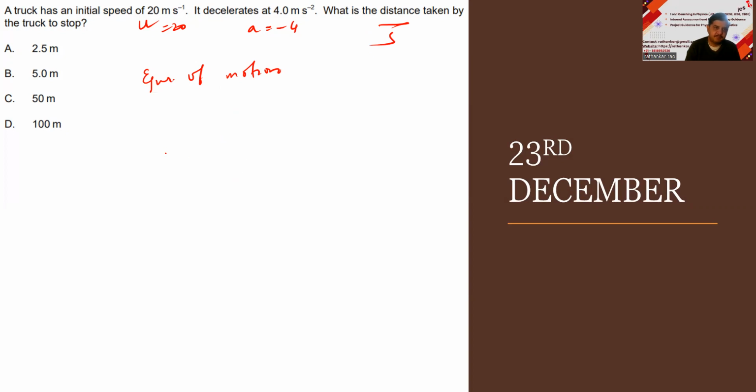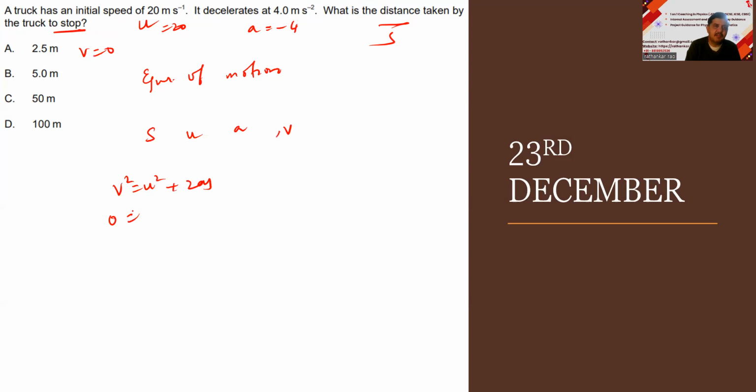S has been asked. Now, which equation relates S, U, A? See, it says to stop, which means V equal to 0, and the equation is V square equal to U square plus 2AS. Now, what is V? 0.